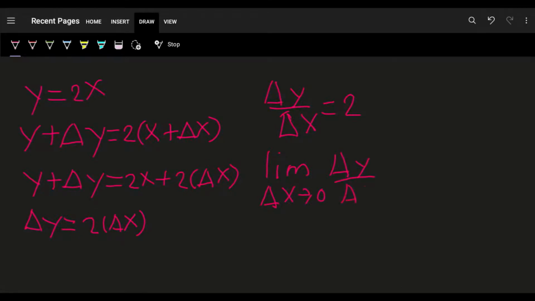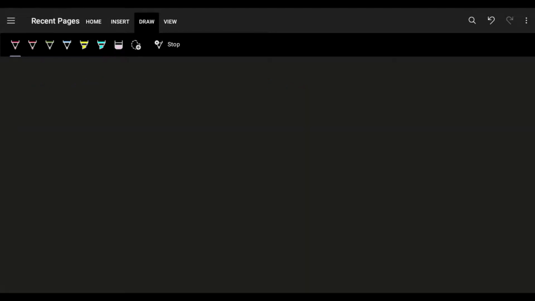But lucky for us, as delta x goes to 0, it still equals 2, which is not always the case. So let's do another example. What's important to know about the previous example is that we are not changing the way to think about the derivative, but we are merely visualizing it and solving it in a different way.